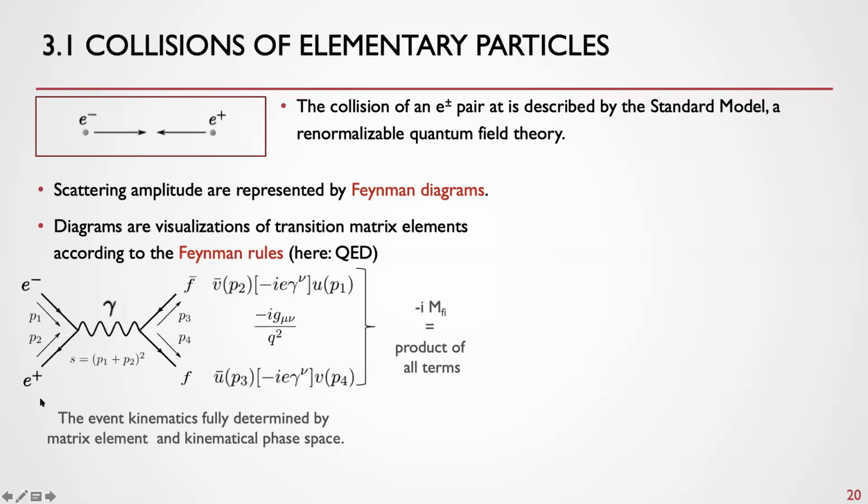One has an initial state of two particles, then one has an interaction Hamiltonian that accounts for the interactions of these particles. New particles can be created or absorbed, and eventually you end up in a final state. And to improve the perturbative precision, more diagrams and more complicated diagrams have to be drawn.